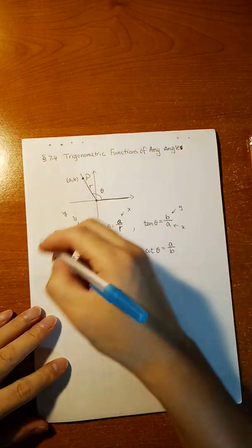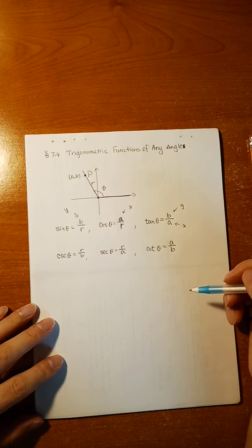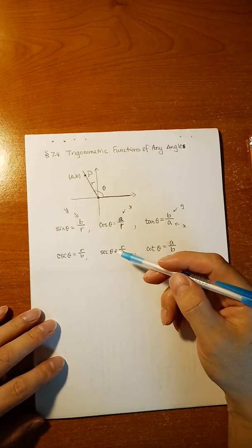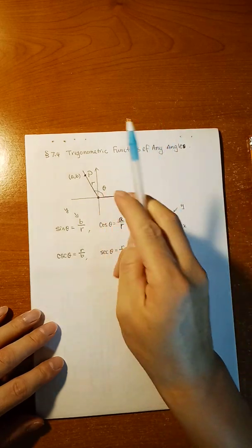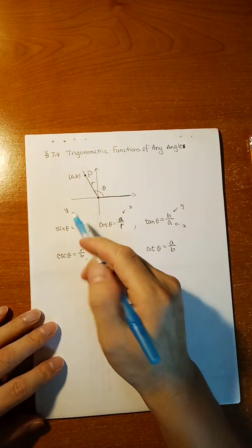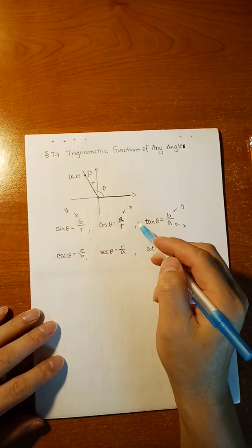So this definition works for all angles. It doesn't matter what the value of the angle is or where the terminal side is. You can always use the x, y coordinates to define the functions.